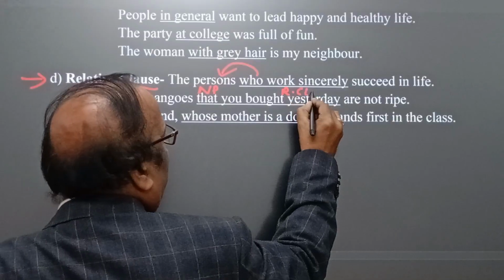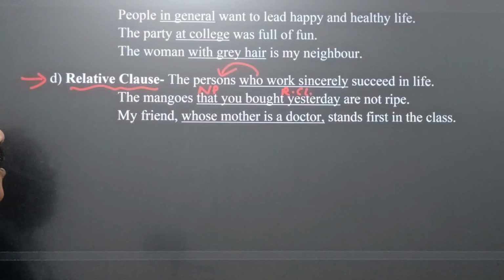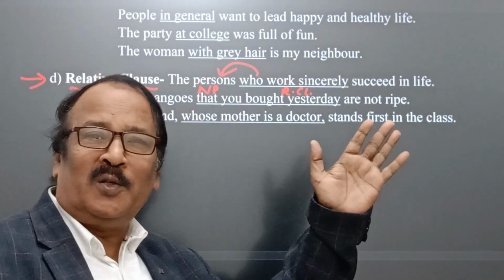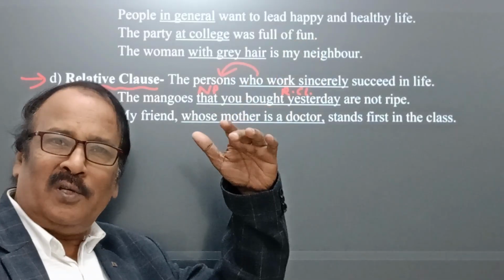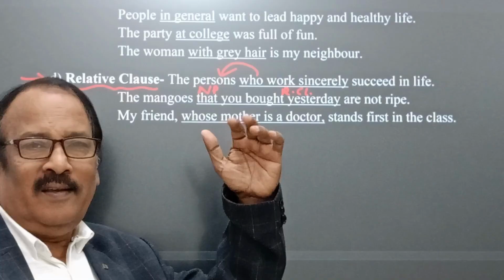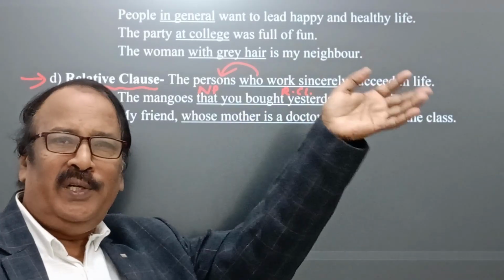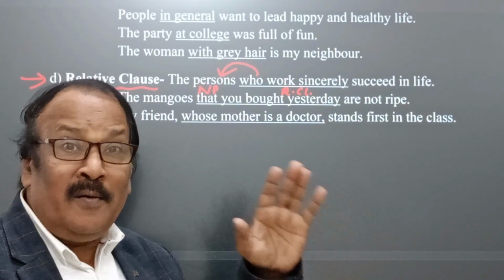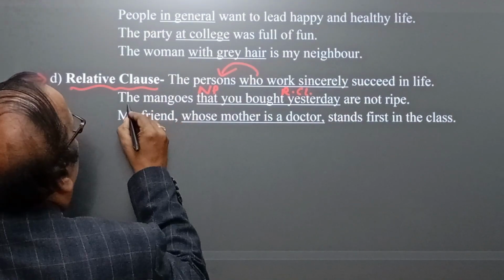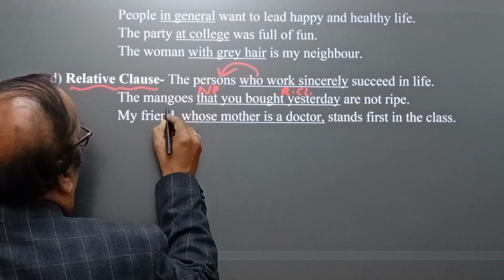The persons who work sincerely succeed in life. Naturally, success doesn't come overnight. The persons who work sincerely definitely succeed in the long run. This is the process of getting success. Remember, the mangoes is here a noun phrase.